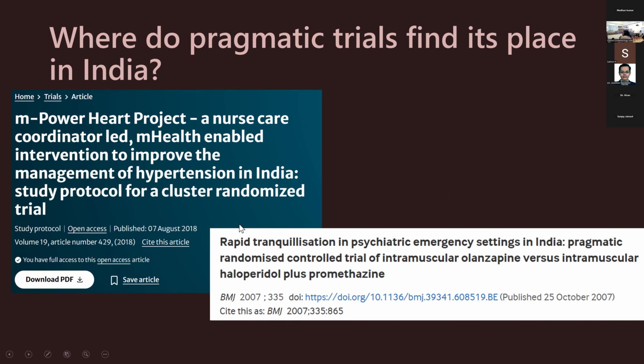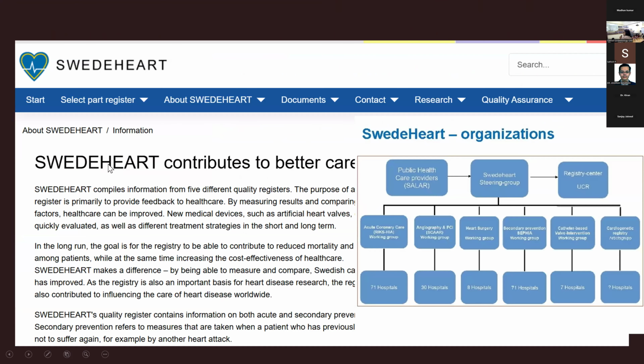Looking at pragmatic trials, one large registry is the SWEDEHEART registry. This is mainly related to cardiovascular diseases and the interventions, and it is from Sweden. Multiple hospitals are networked to this, and they have an electronic health record. As soon as the patient enters the hospital, the patient is enrolled in at least one or two trials, and they take embedded consent, as in consent to the hospital as well as consent for the studies.